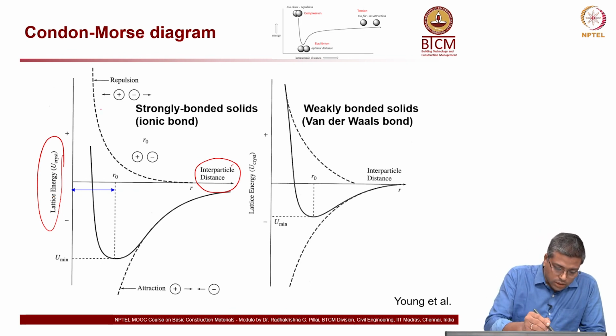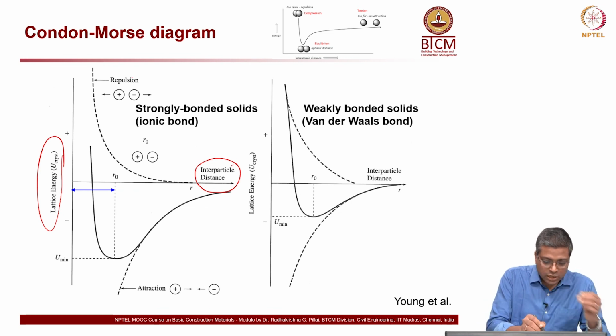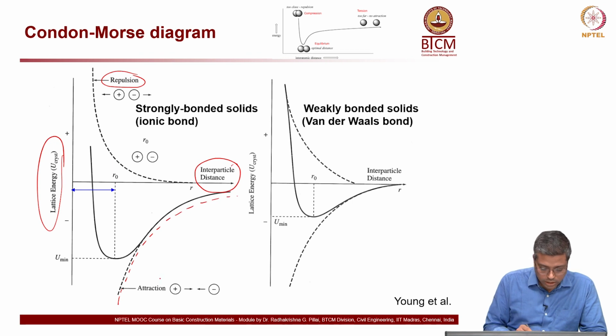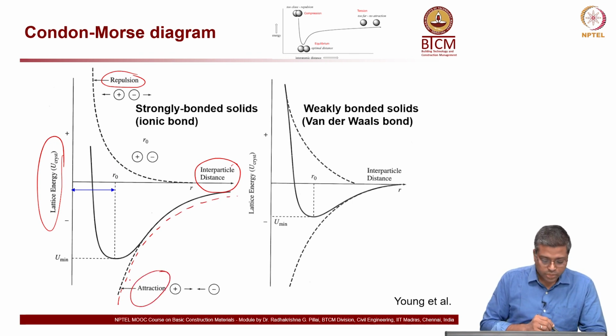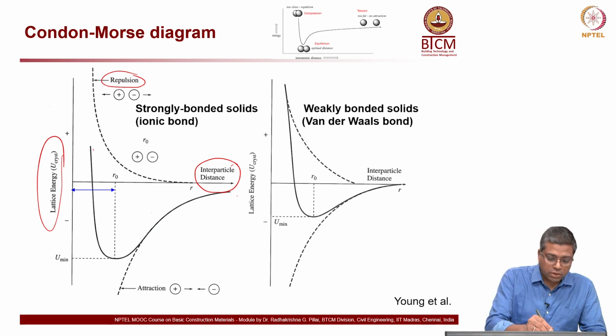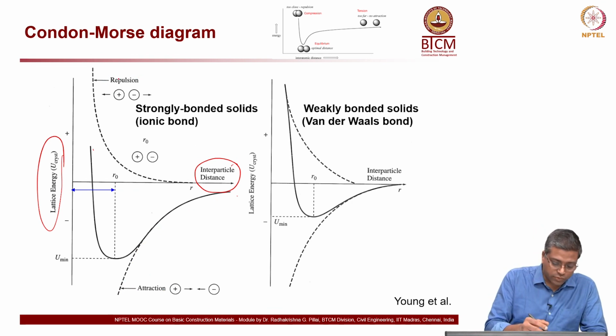Now, look at the top dashed curve which indicates the repulsive force which is acting, and the bottom dashed curve, which goes like this, indicates attractive forces. When you add these repulsive and attractive forces together, you get this solid curve.